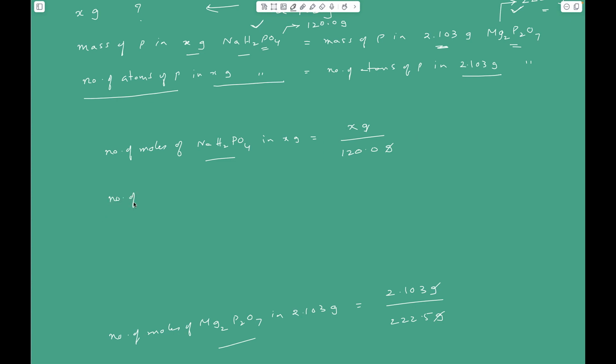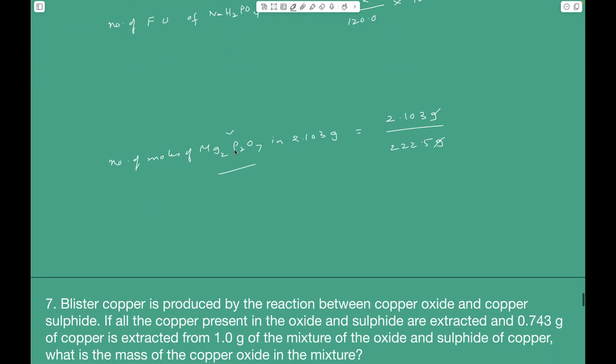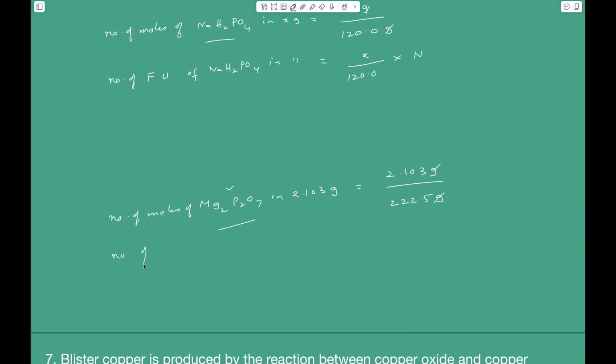So the number of formula units of NaH2PO4 in x grams of that compound is x over 120.0 multiplied by N. Similarly, this is also an ionic compound, so the number of formula units of Mg2P2O7 in 2.103 grams of that substance is, you have to multiply this number of moles with Avogadro's number.